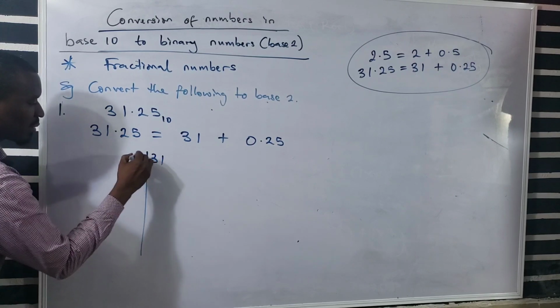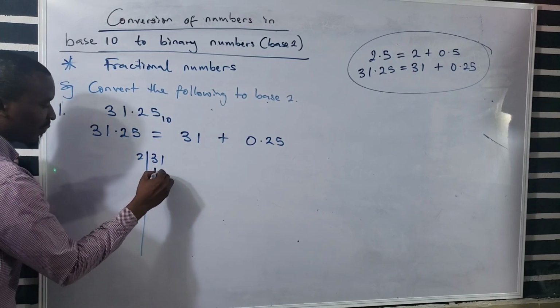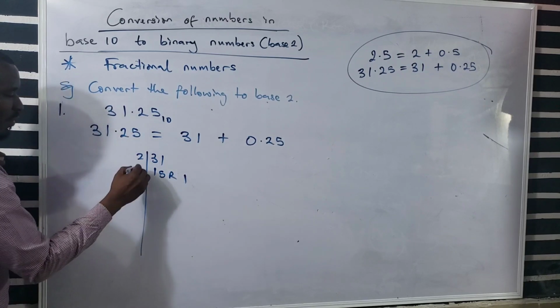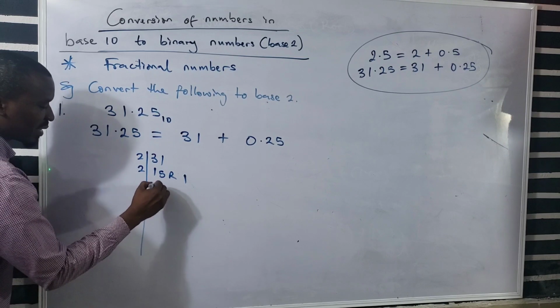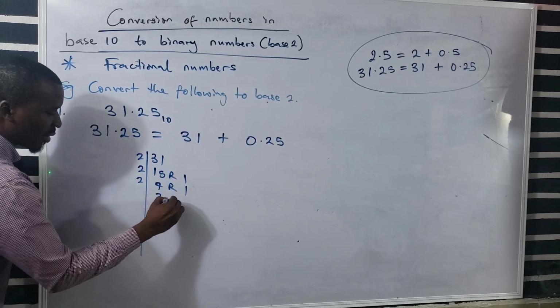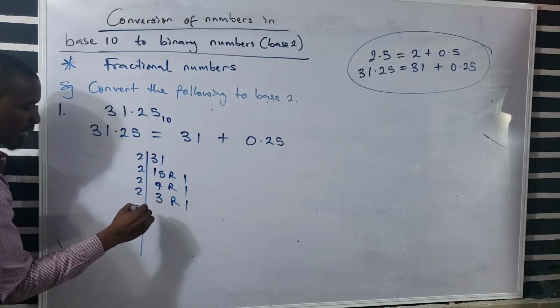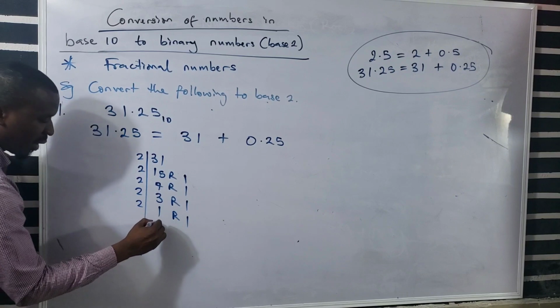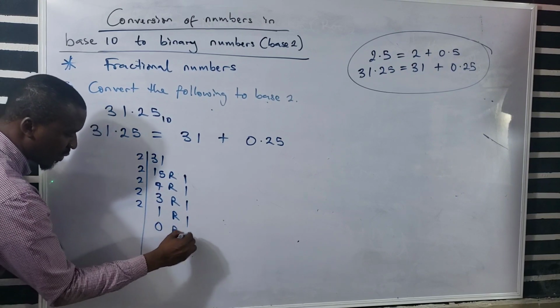So 31 divided by 2 will give you 15 remainder 1. Divide by 2 again, that will give you 7 remainder 1. 2 again, that will give you 3 remainder 1. 2 again, that will give you 1 remainder 1. 2 again, that will give you 0 remainder 1.